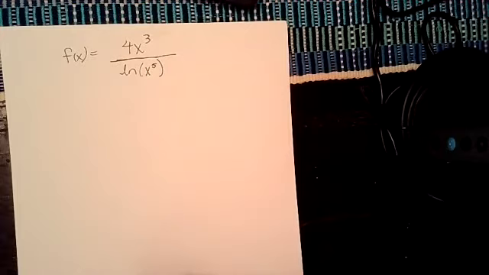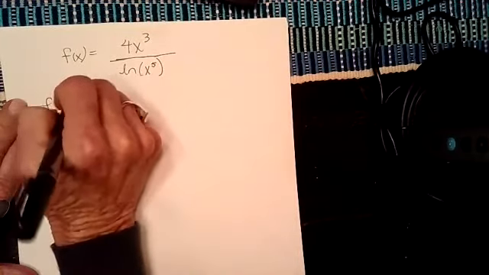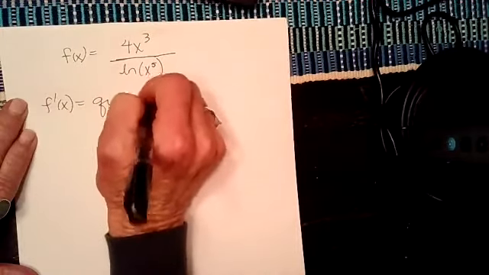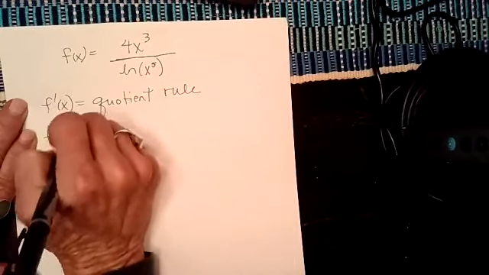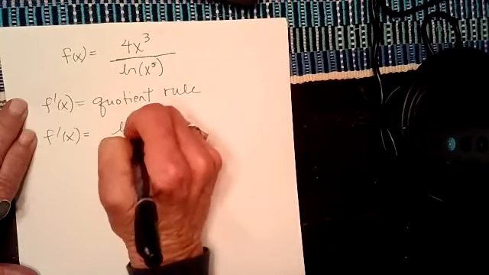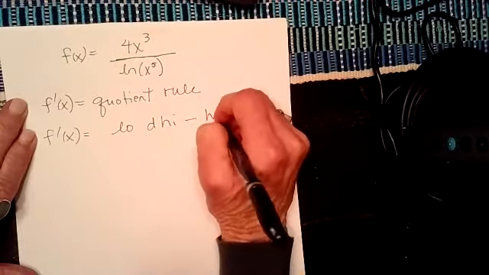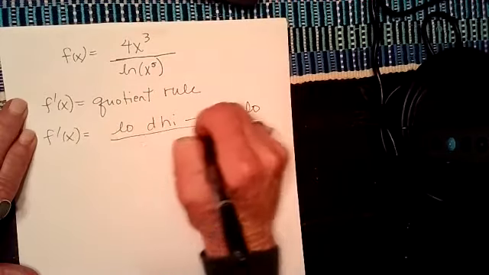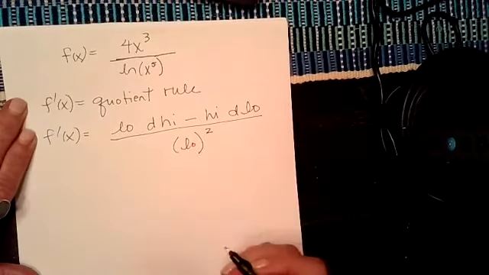If I have a quotient, 4x cubed over the ln of x to the 5th, the derivative is going to be the quotient rule. And what's the quotient rule? It's the low function times the derivative of the high minus the high function times the derivative of the low, all over the low function squared.